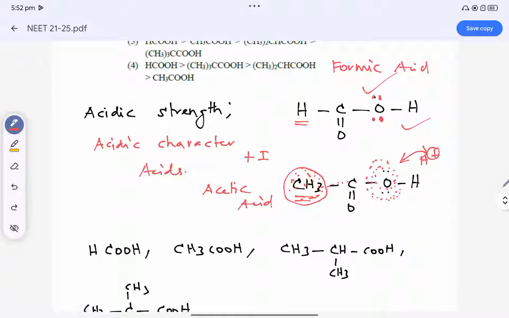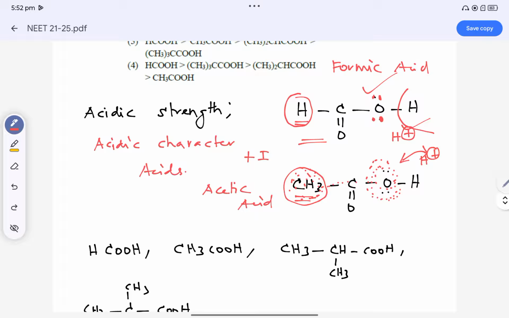But in this case, there is no electron releasing group present here. So it will be easily released as H plus. A compound that readily donates H plus is found to be acidic; one easily releasing H plus is found to be strongly acidic.